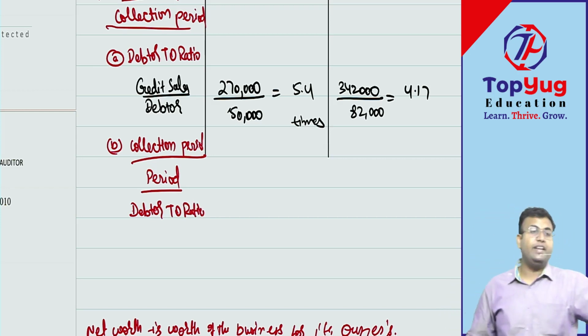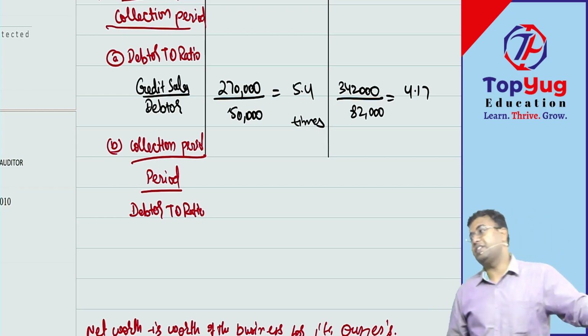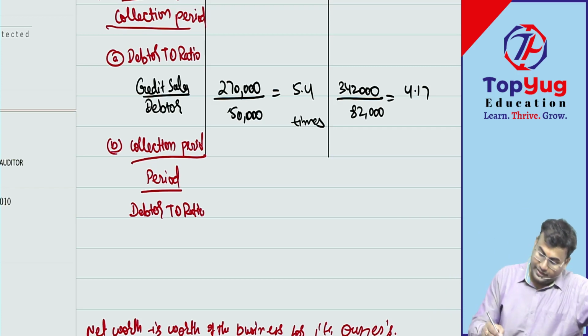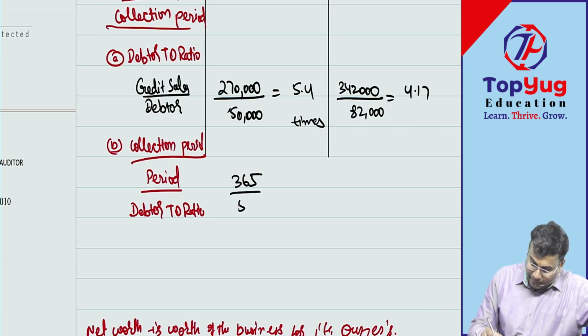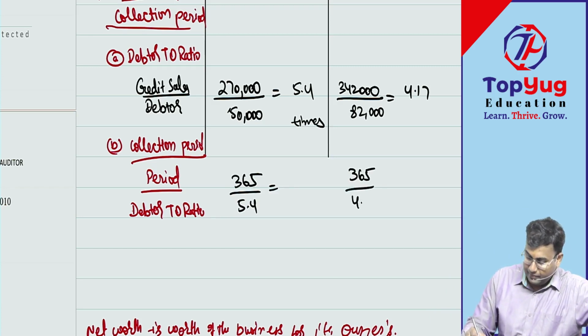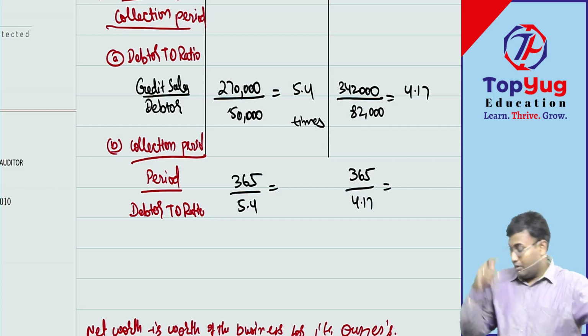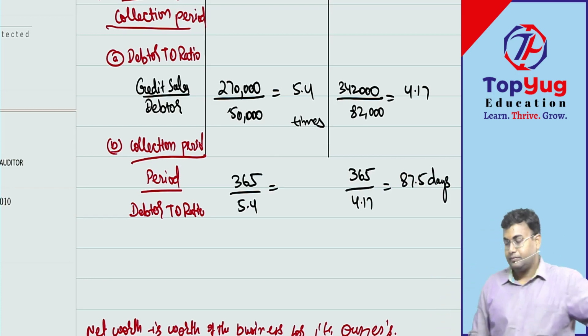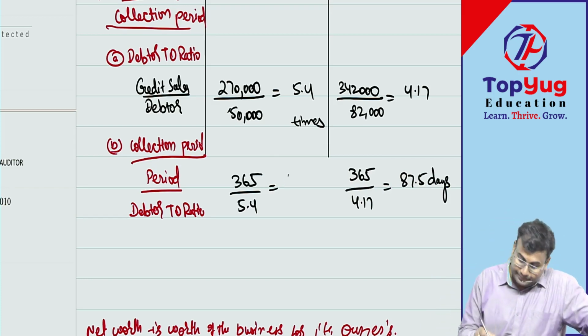Now if you want period in days, you take numerator 365. You want period in months, you take it 12. Okay, so I take it 365 divided by 5.4.